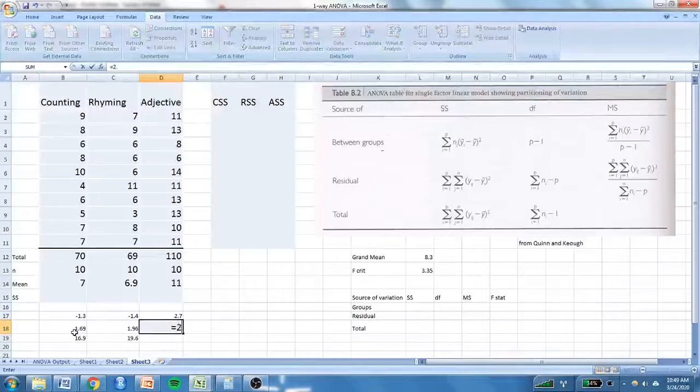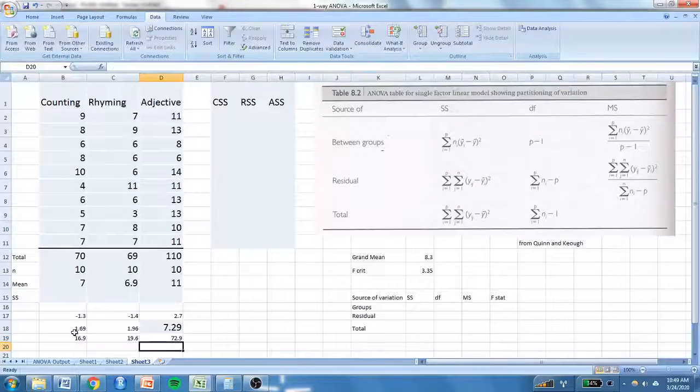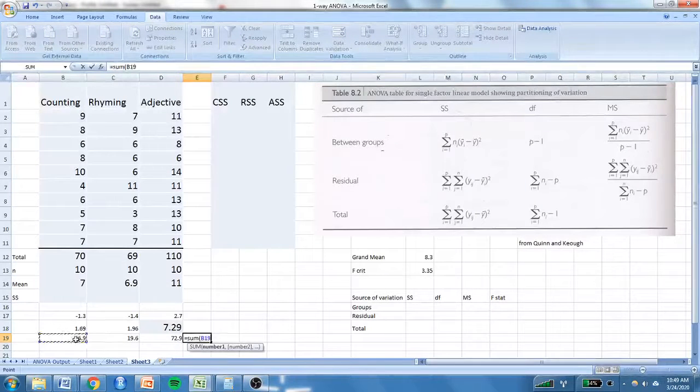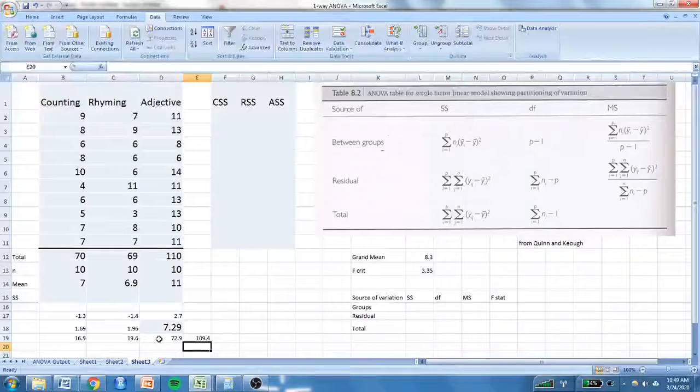We're going to square that and multiply by the number of observations in that group. Great. Okay, so now we have to sum them. So we will add these together, and that will give us our group sum of squares: 109.4. That is the group sum of squares value. Okay, we got one.